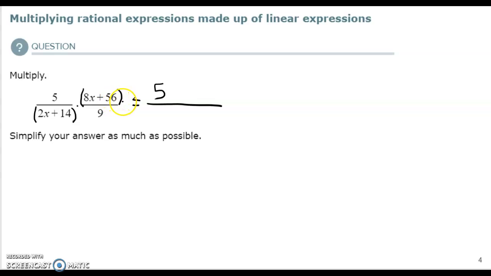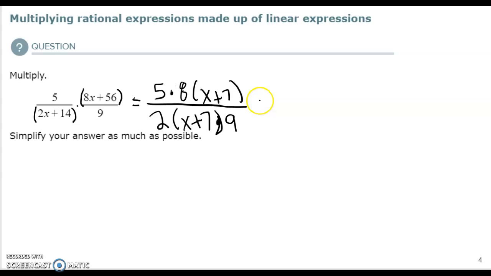Their greatest common factor is going to be an 8. I can pull a 2 out of 2x and 14. So now I'm going to rewrite this.